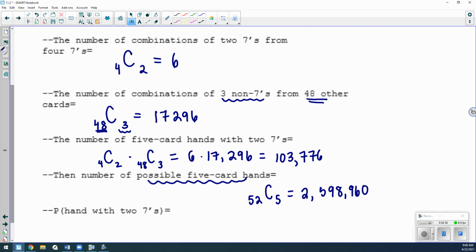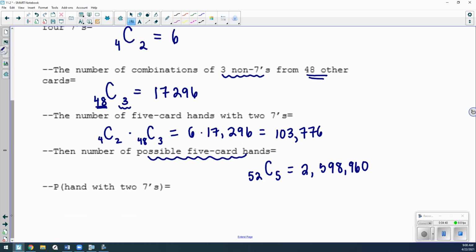2,598,960. So let's take a look at the probability of a hand with 2 sevens. So back to our definition of theoretical probability, we're looking at the probability of a 5-card hand with 2 sevens. And then how many event outcomes would there be to make that happen?